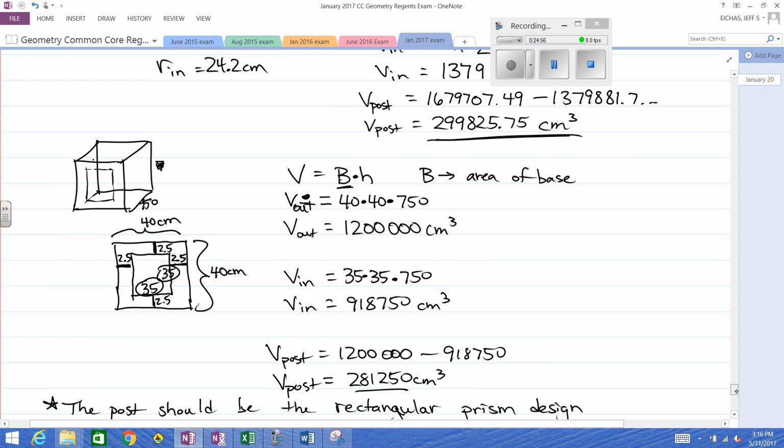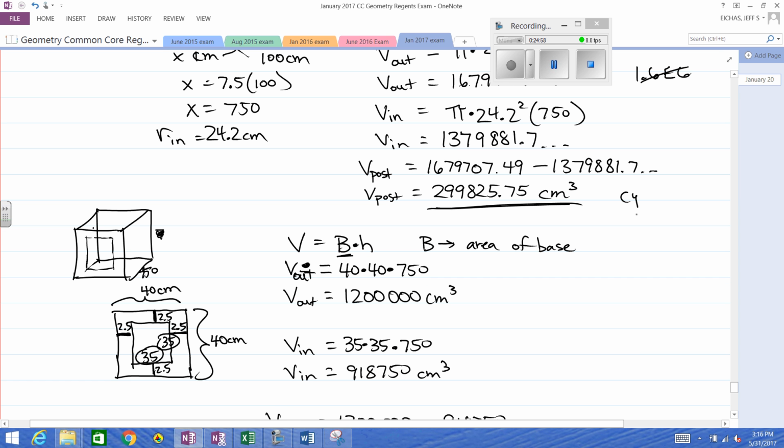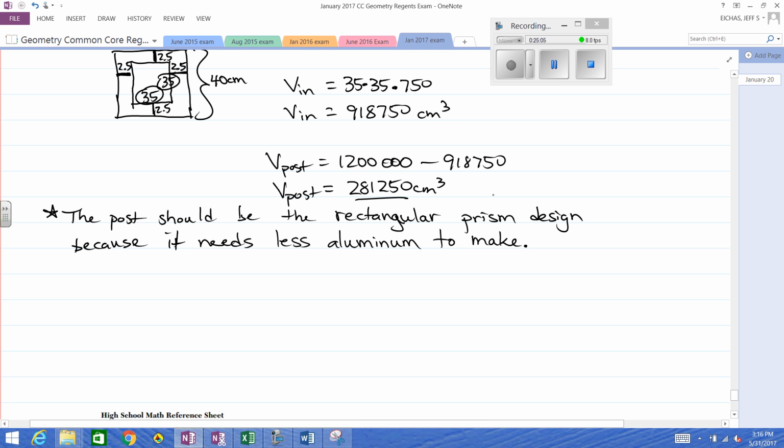The cylinder one takes that much aluminum, and this is your rectangular prism design. That one takes that much, so we're going to use less aluminum to make it.